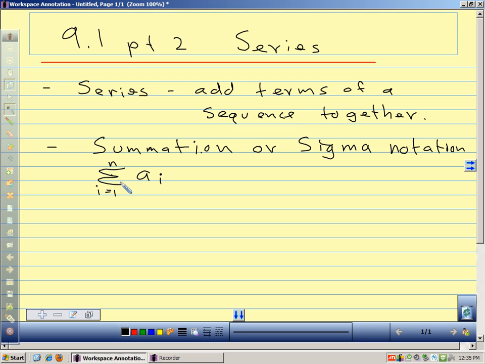We call i the index, and it just tells us how we add the numbers together. The 1 in this one is our lower limit, and n is the upper limit.